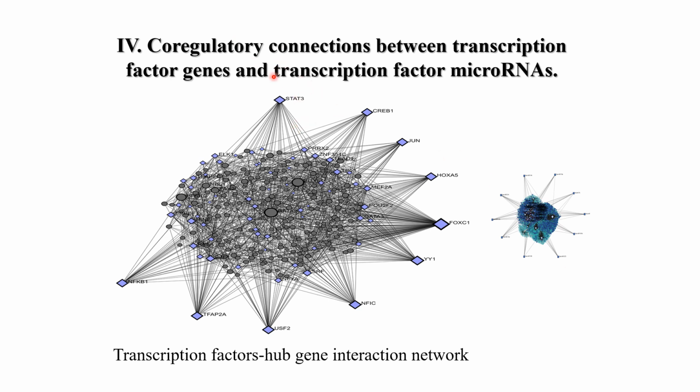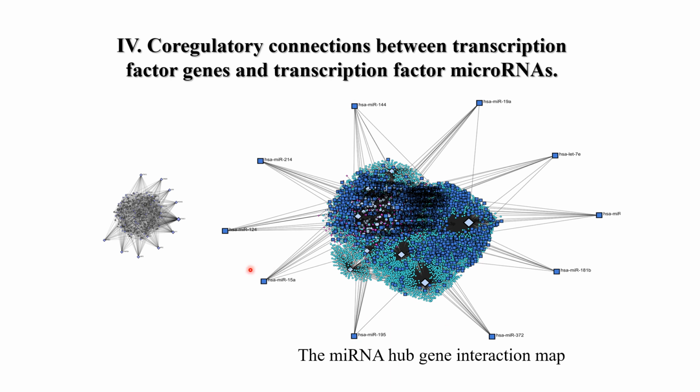We see STAT3 transcription factor, CREB1 transcription factor, JUN transcription factor, and the list goes on. We used the server called NetworkAnalyst to find these transcription factors, and then we see the microRNA hub gene interaction map. We also used the NetworkAnalyst server to analyze this portion. We see hsa-mir-144, hsa-mir-19a, and the list goes on.